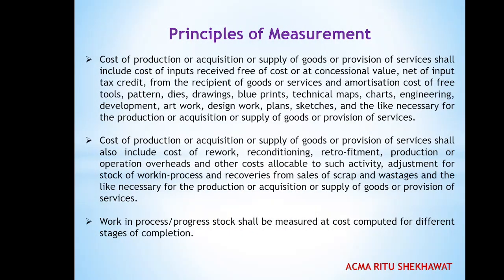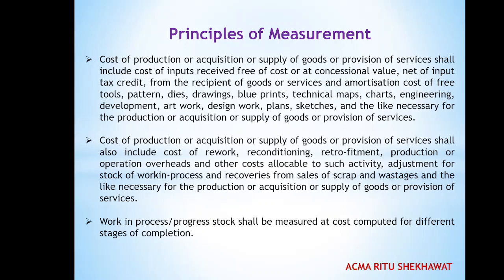Cost of production or acquisition of supply of goods or services shall include cost of input received free of cost or at a concessional value, net of input tax credit from the recipient of goods or services, amortization cost for free tools, patterns, dies, drawings, blueprints, technical charges and the like necessary for the production or supply of goods or provision.